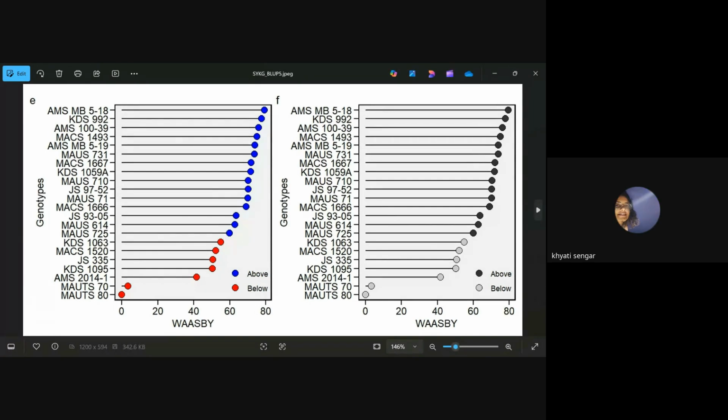Sir, what exactly is this index value? This is WAAS, that is weighted average of absolute score, just like we have seen in AMMI. That index is calculated by taking the mean performance and stability of that genotype across all the environments.